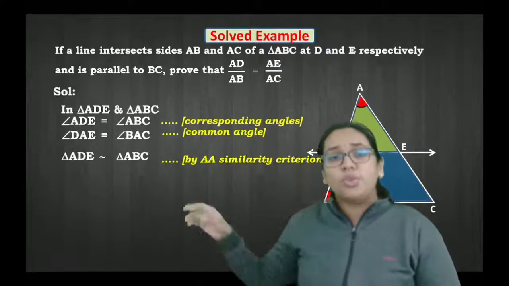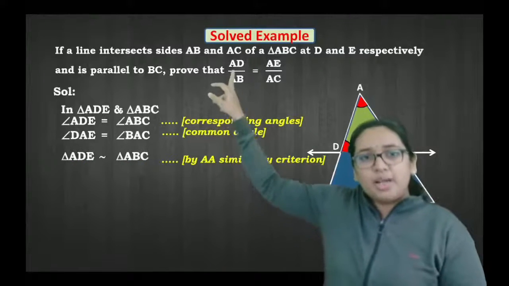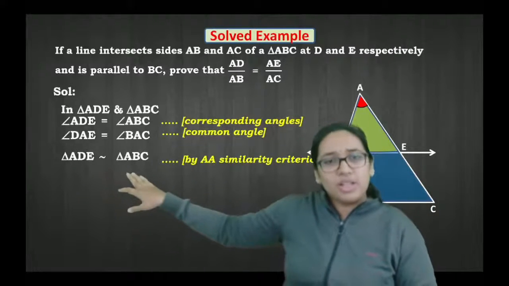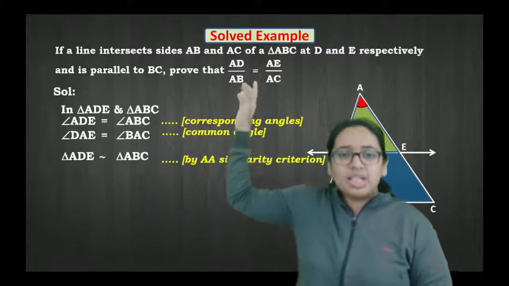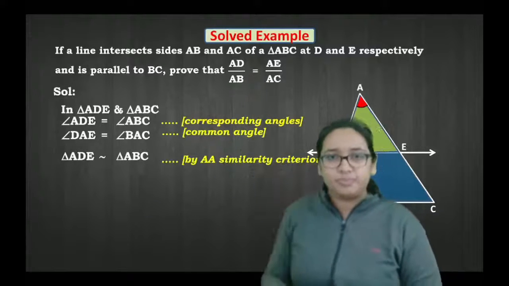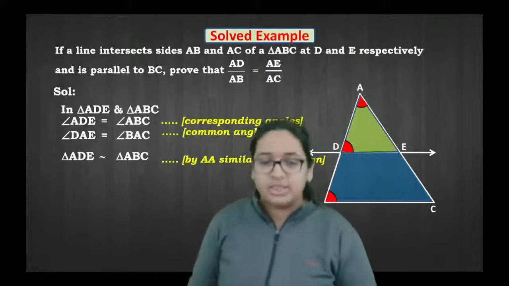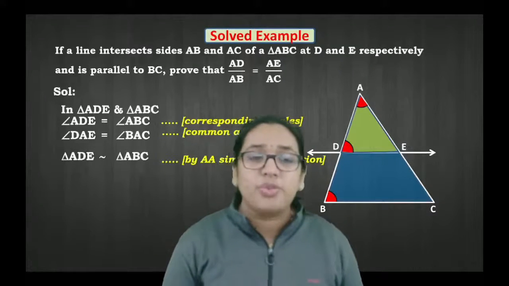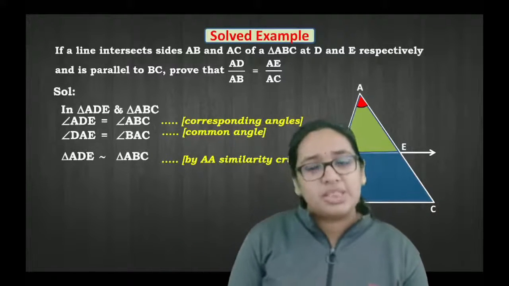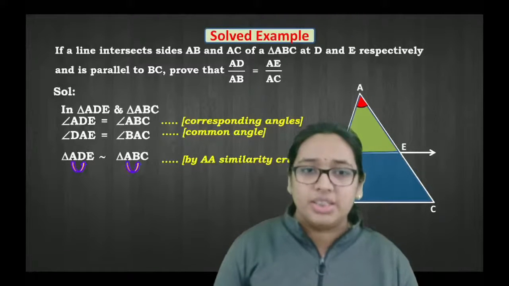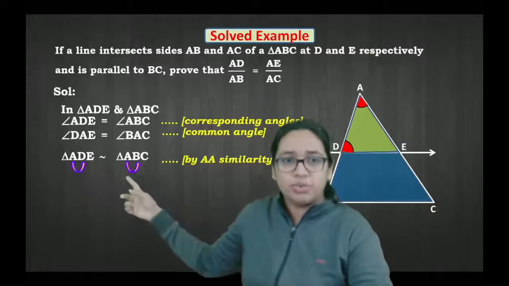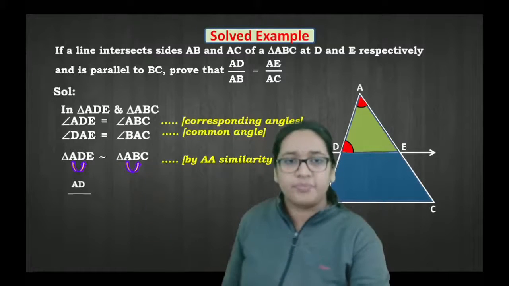But what we actually have to prove is that AD upon AB is same as AE upon AC. Correct. As you guessed, this is what you have to do here. If ADE and ABC are similar triangles, then what will I use? First to second.